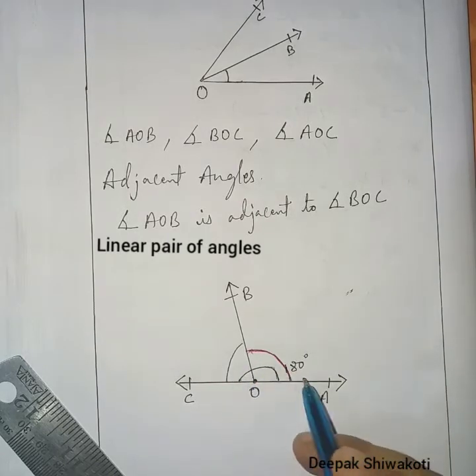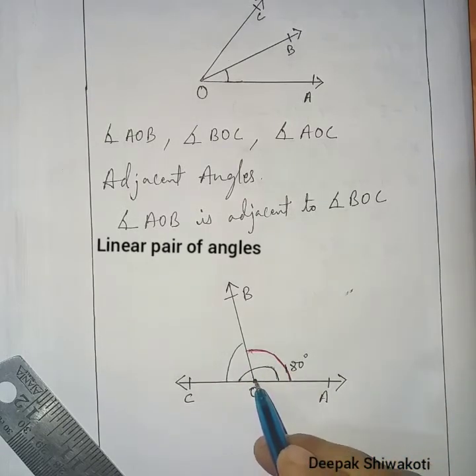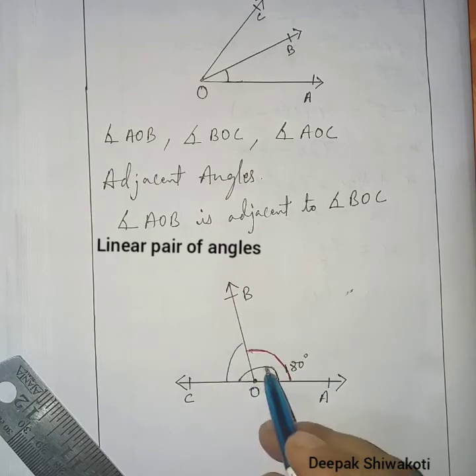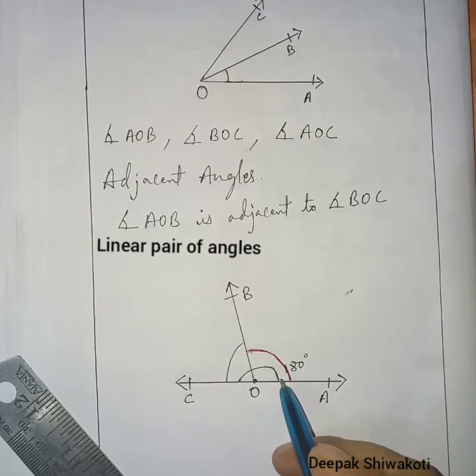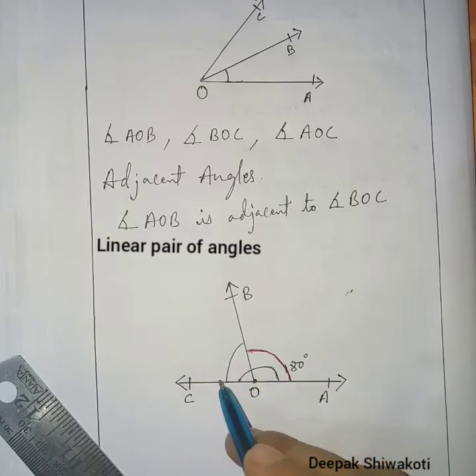These two are adjacent because the origin or the vertex of both the angles is the same, and OB is common to both the angles. And the third thing that we are noticing is here the total is 180 degrees.